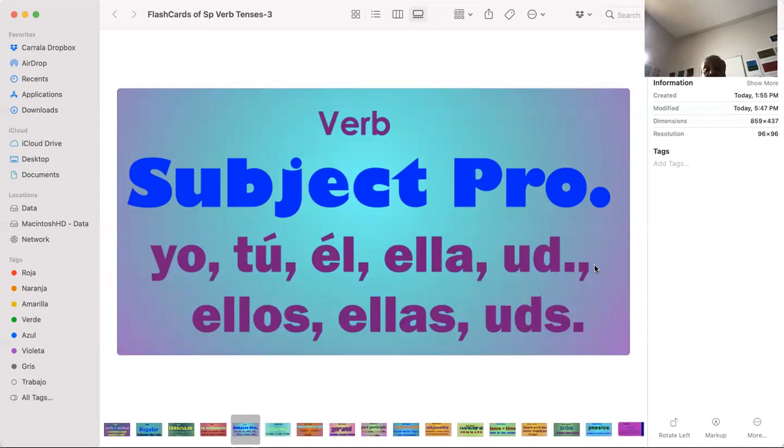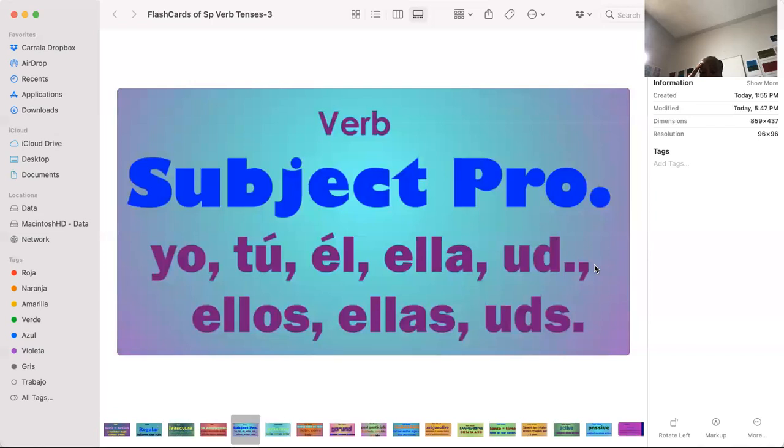Nosotros hablamos. I knew I had forgotten one, but I just couldn't figure it out, because I'm just making these cards now to make it clearer. I made this card originally without the subject pronouns, so that's why you don't see the nosotros.